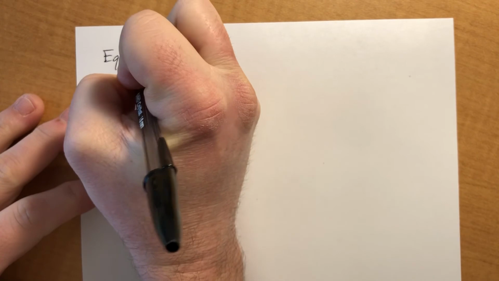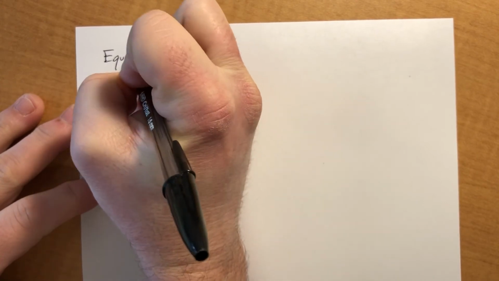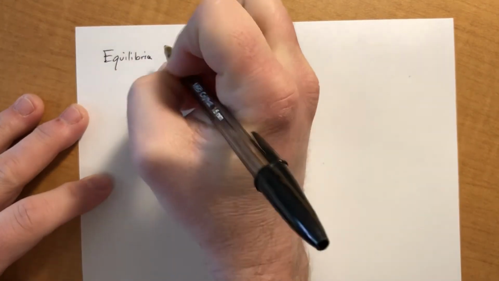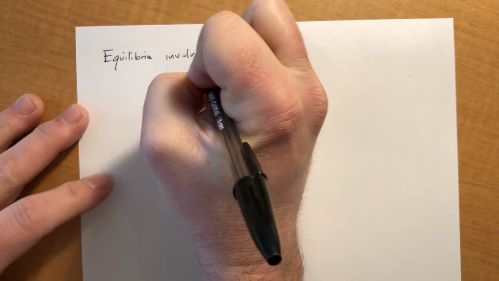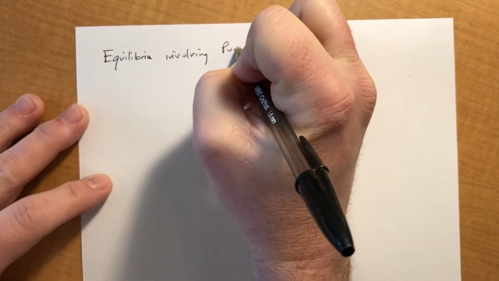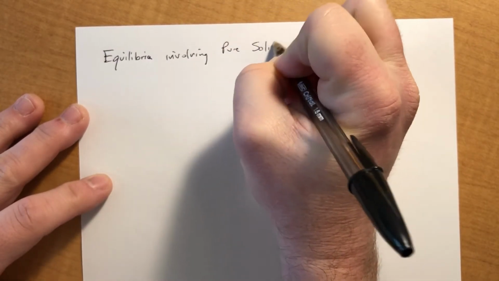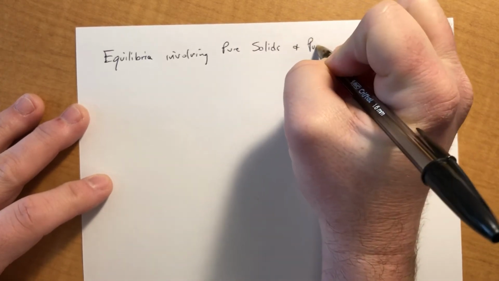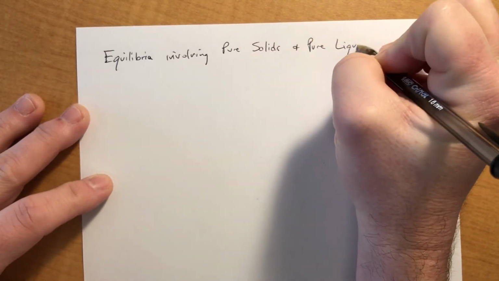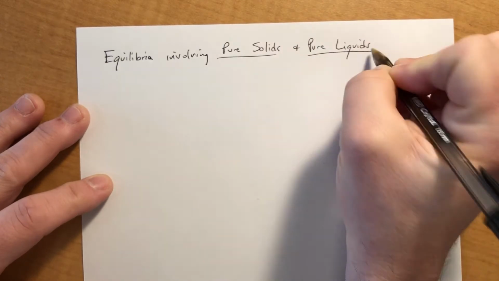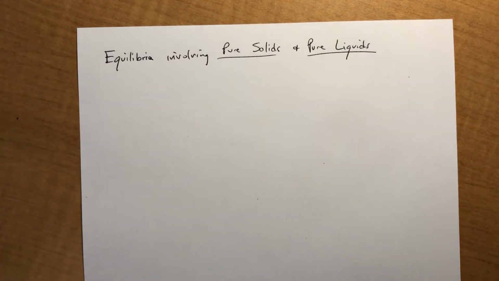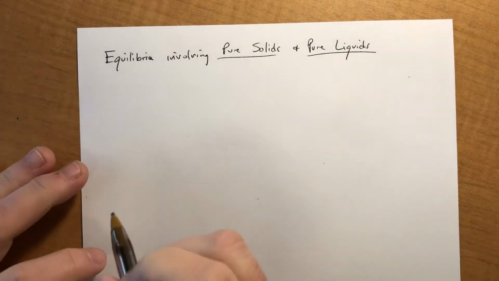So what we need to talk about now is equilibria, which I guess I should point out is the plural of equilibrium, involving pure solids and liquids. So in other words, if something in the equation is labeled as a liquid or a solid as opposed to aqueous or a gas.